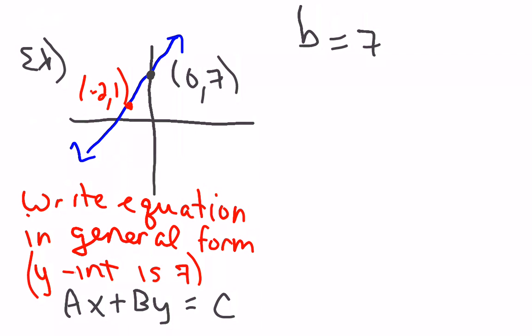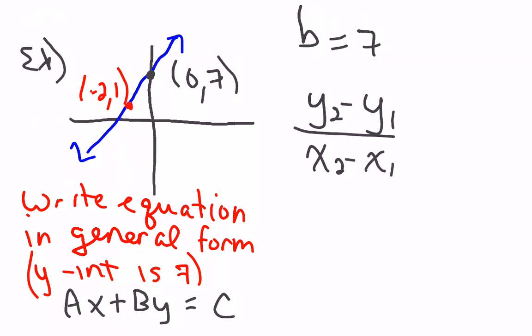So we have 2 points, so we can use the slope formula to find the slope: y2 minus y1 over x2 minus x1. It doesn't matter how you label them, which ones are the 1s and which are the 2s. I'll make this x1 and y1, and this x2 and y2, just so we can be clear.